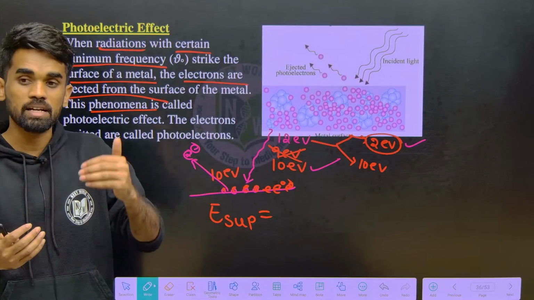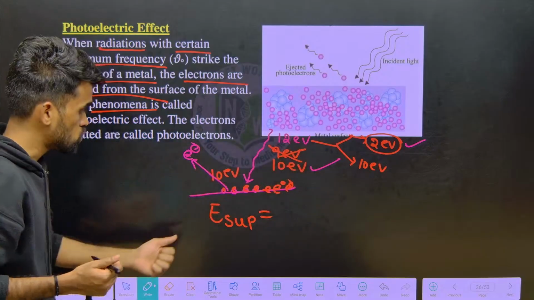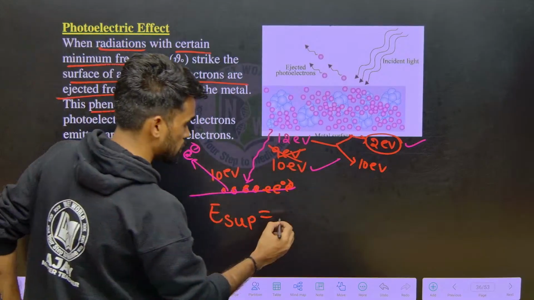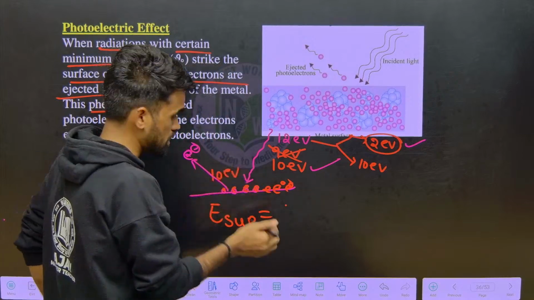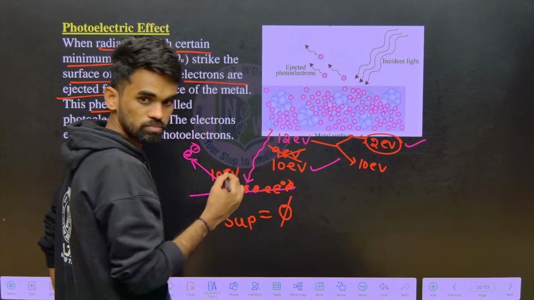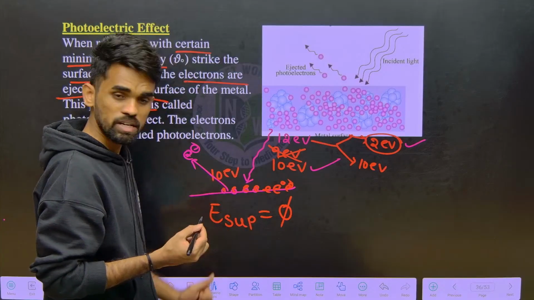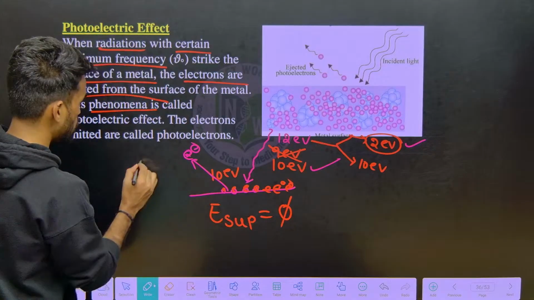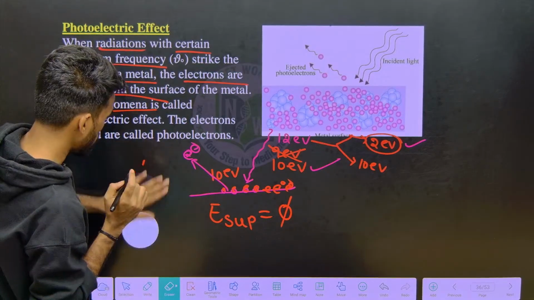So the extra energy will be converted into kinetic energy of that photoelectron. So what I can say, E supplied will be equal to, for ejection we require some energy that is called work function, or simply threshold energy also I can say. Work function I can represent with phi. Some books also give it with this omega symbol. Do not get confused. Okay?